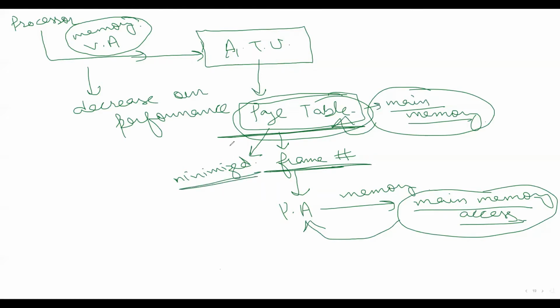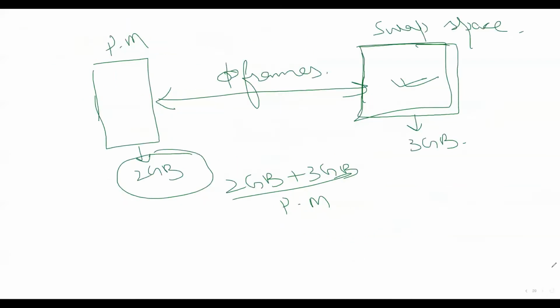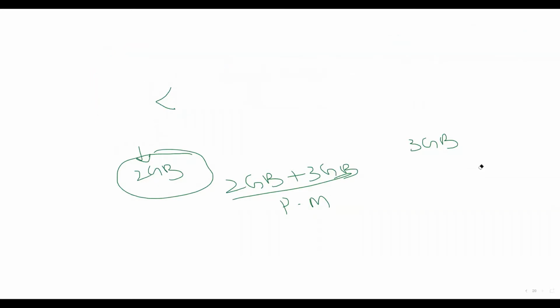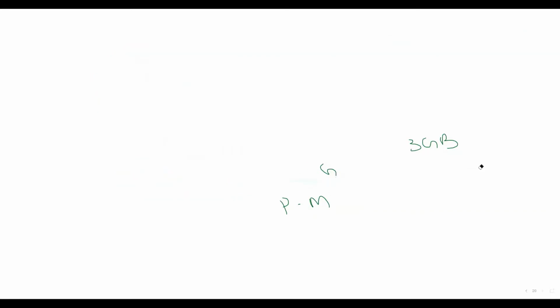We can minimize this by caches. What does that mean? How can we minimize it by caches? So let me write it here. Whenever a process is running, in the processor itself, we have a separate cache.